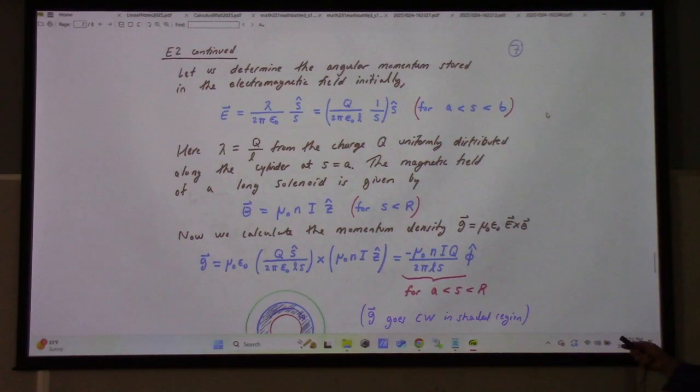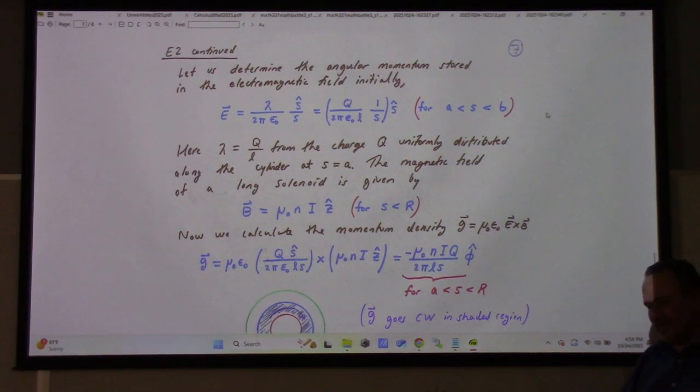And that's only good between A and B, because we've got minus q on the outside shell, so the electric field would be 0 outside the outside shell. Approximately speaking, of course; I'm neglecting edge effects and all that.